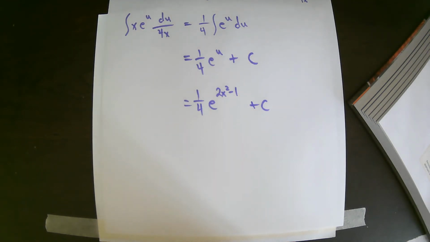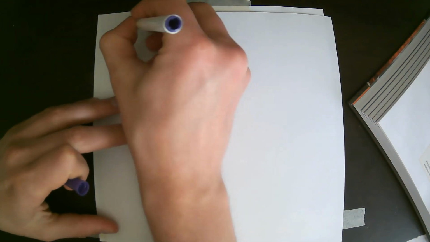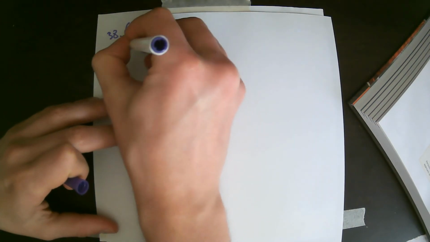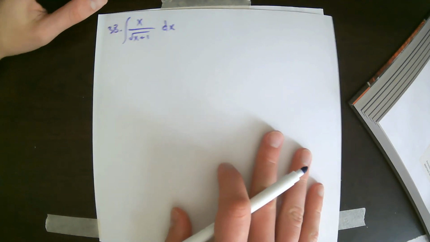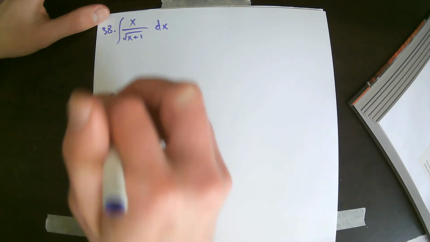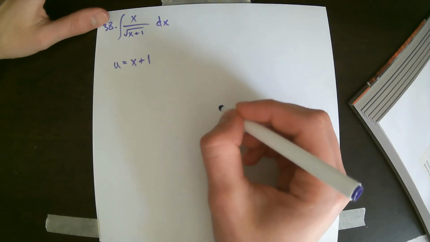That's pretty good. How about 38? I'll do one more. 38: x over the square root of x plus 1. Yeah, this is going to be kind of like example 4. Let's let u equal x plus 1.